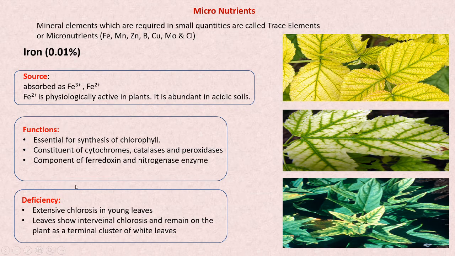And the deficiency is extensive chlorosis in young leaves. What is chlorosis? Yellowing of leaves or disorganization of chlorophyll is chlorosis. So extensive chlorosis in younger leaves is observed as a deficiency symptom of iron.